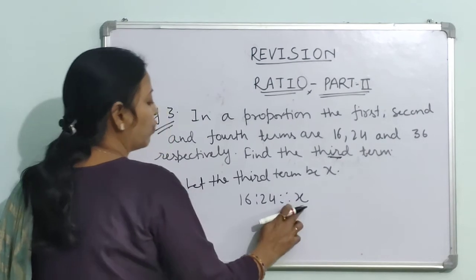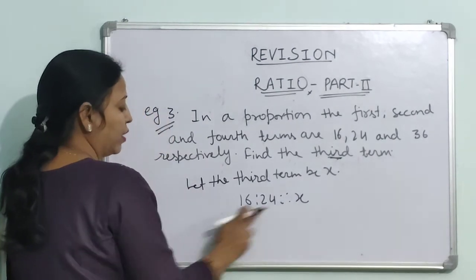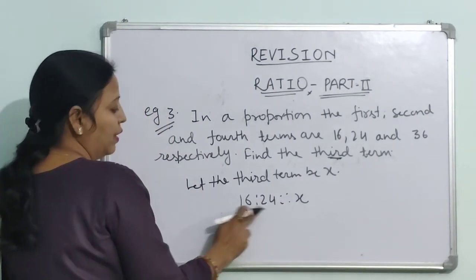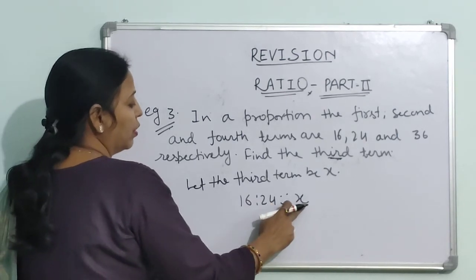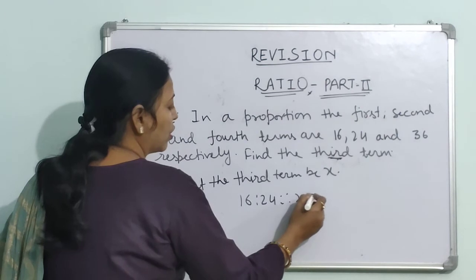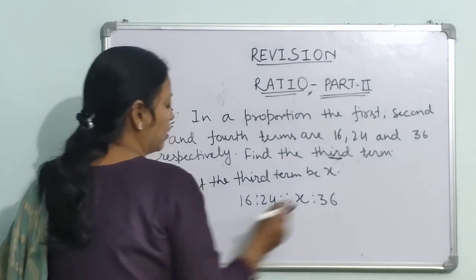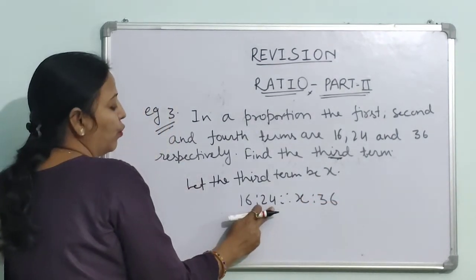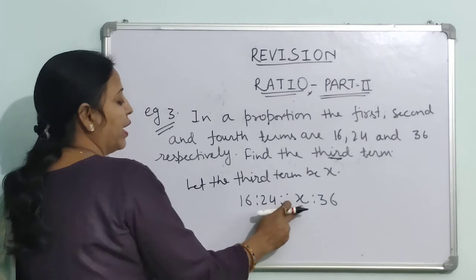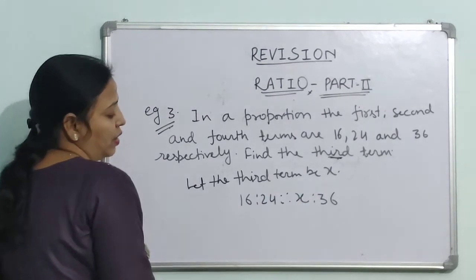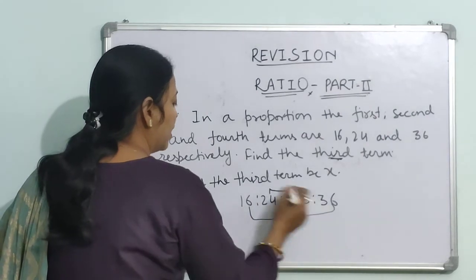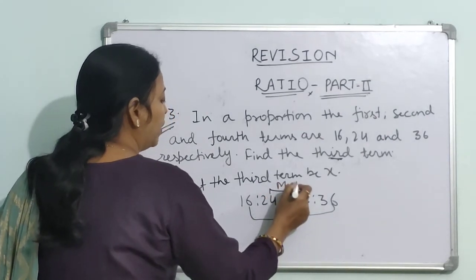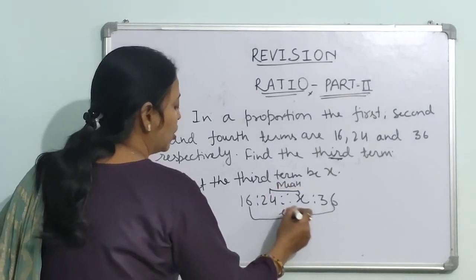At the place of the third term, you write x. At the place of the first term, 16. Second term 24, proportion sign, then the third term is x and the fourth term is 36. 16 is to 24 is in proportion with x is to 36. Now these two are the mean terms and these are the extreme terms.